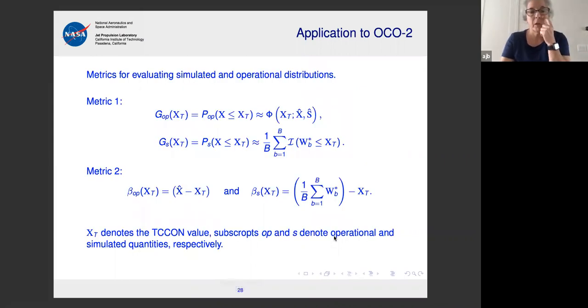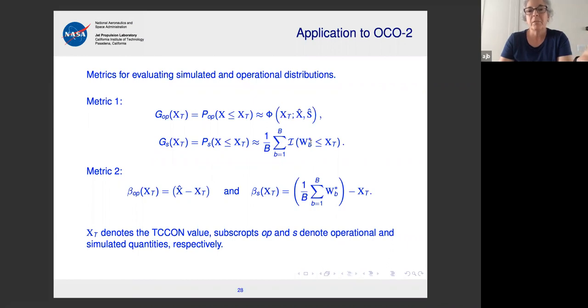I'm running out of time, so I won't go into great depth. Let us just say that metric number one is just the CDF value. If you took the distribution, here's the Gaussian CDF value for a normal distribution with mean x hat and a variance s hat. What is the quantile at which the true t-con value falls?